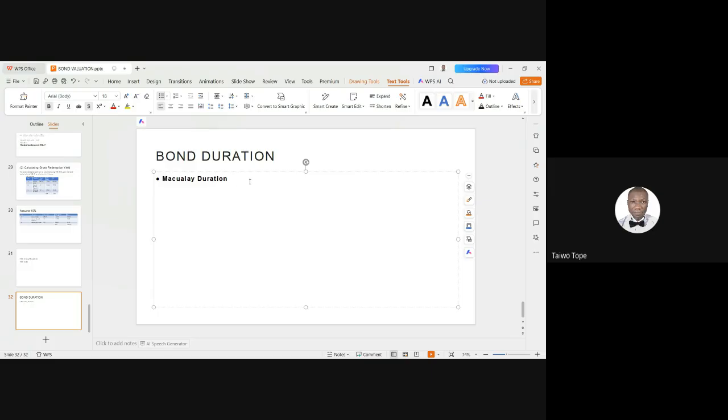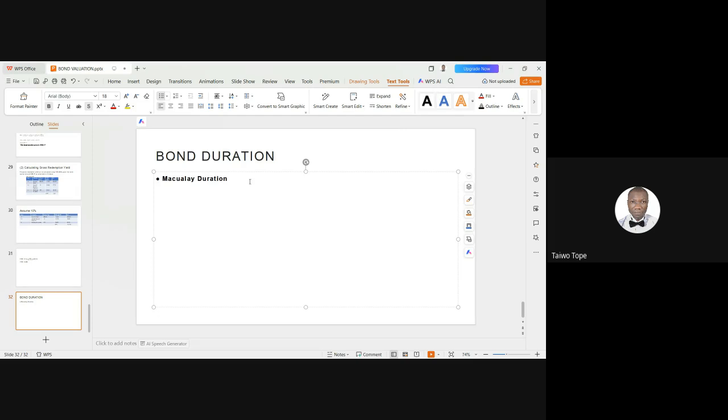So the Macaulay duration helps an investor to evaluate and compare bonds independent of their time to maturity. We can compute this Macaulay duration in two ways. We have one simple formula, and we have the concept of using a table.